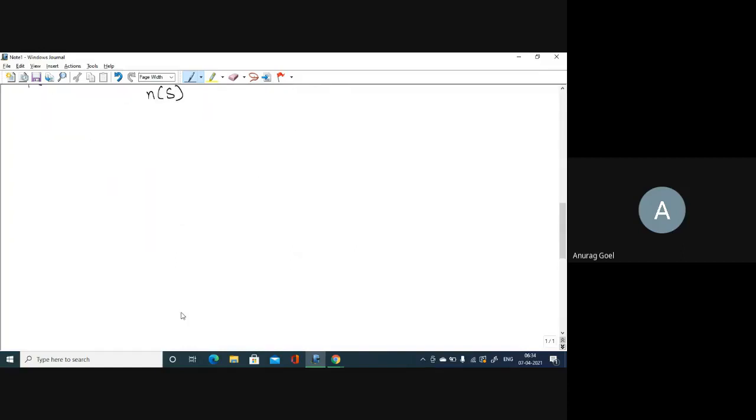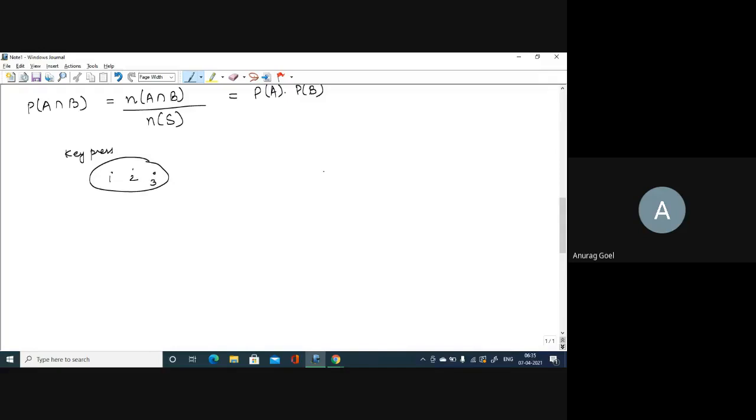For example, consider this case. Let's say we have this kind of remote, and here there are three keys, and we can press any one. And let's say there is a display which displays either A, B, or C. And these are the probabilities.